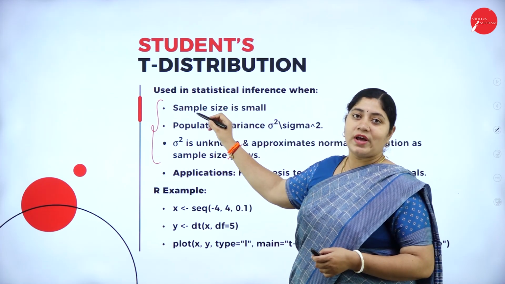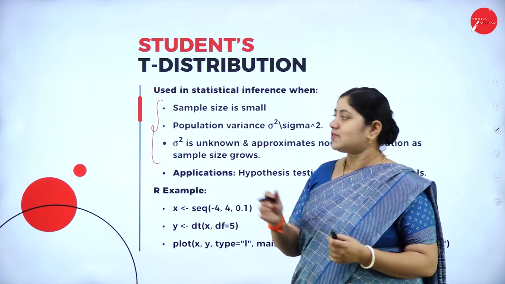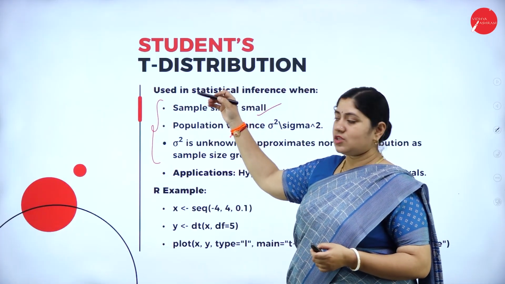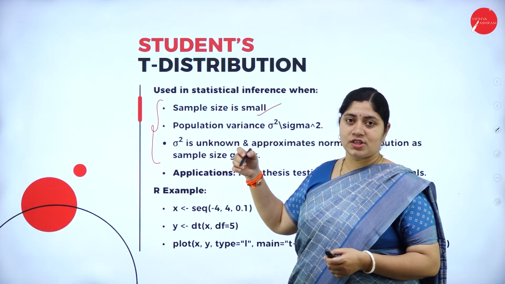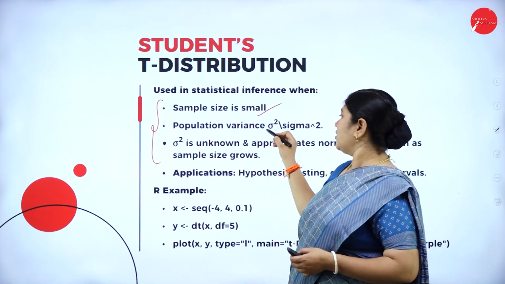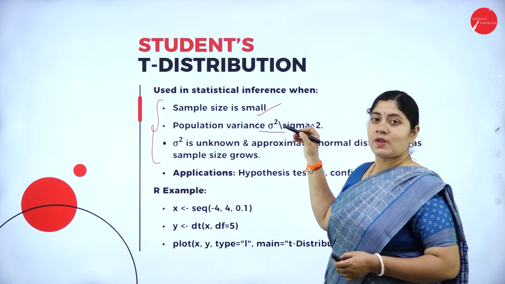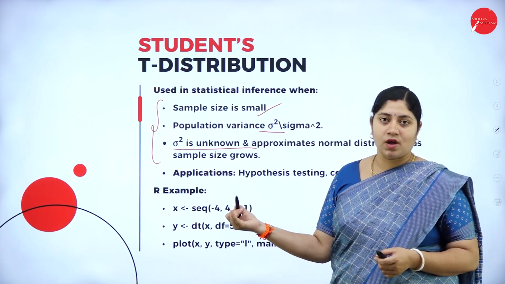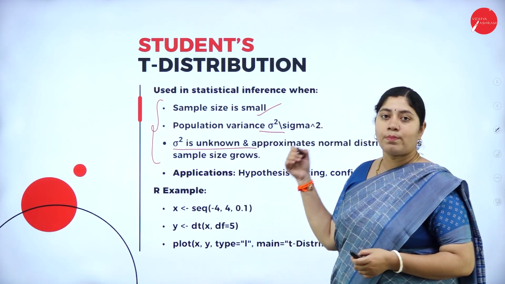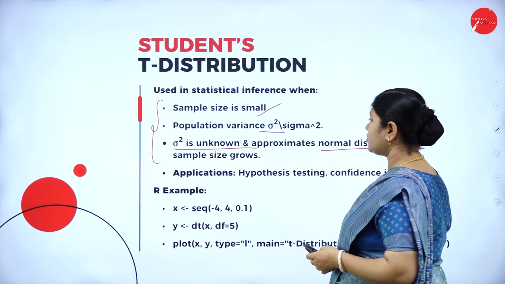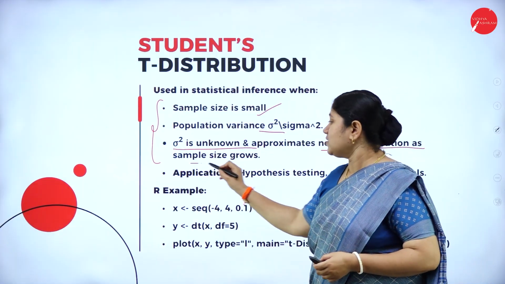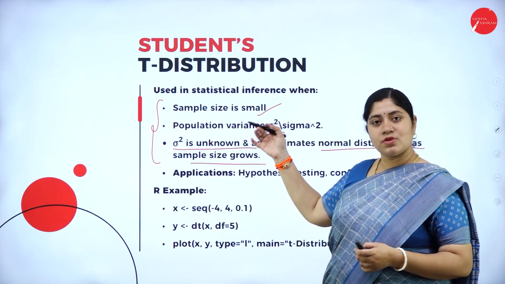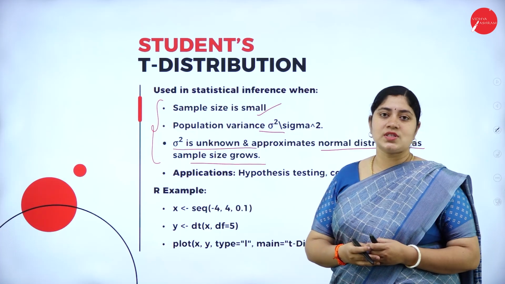So, when our sample size is less, okay, that is my first criteria, or I can also go with student's t distribution when the population variance sigma square is unknown. Also I can say, at that time I can approximate the normal distribution as sample size grows. So, these are the three different criteria when we can go with the student's t distribution.